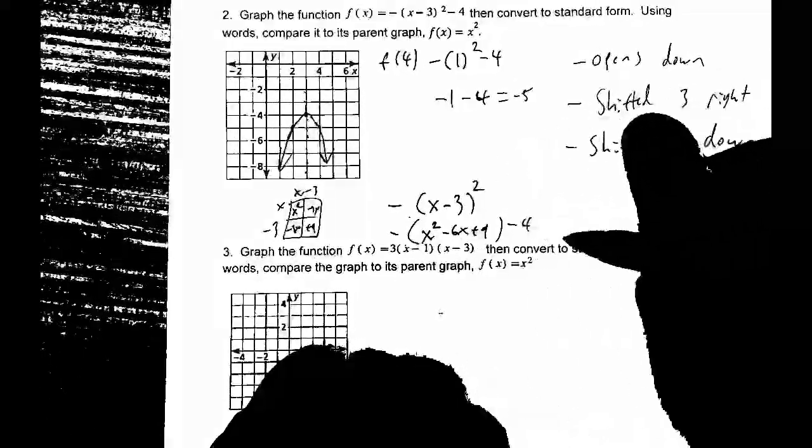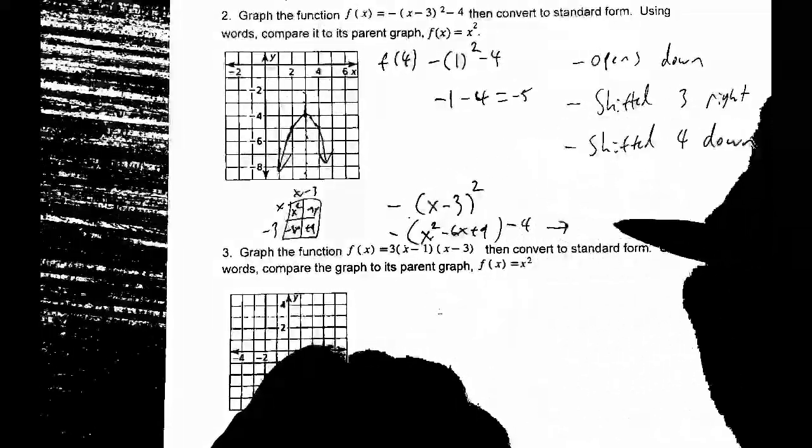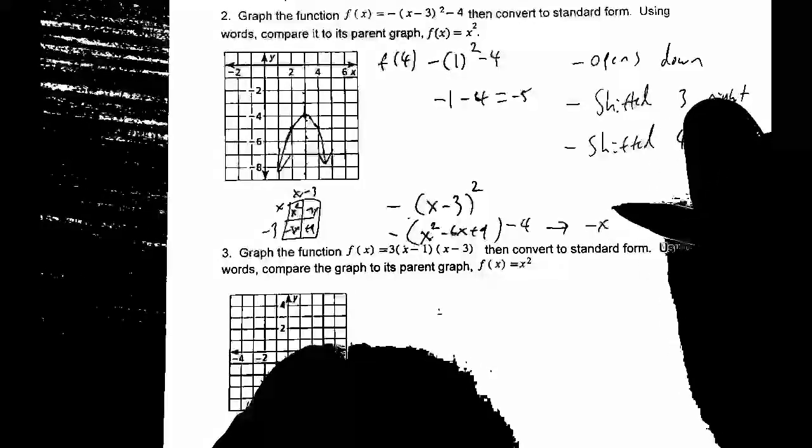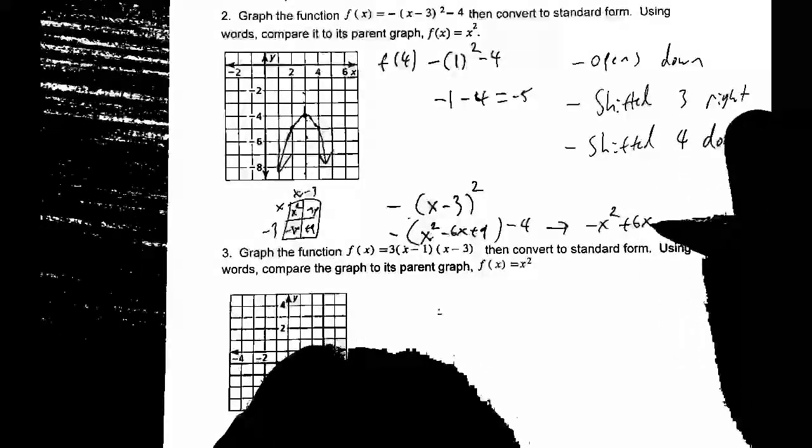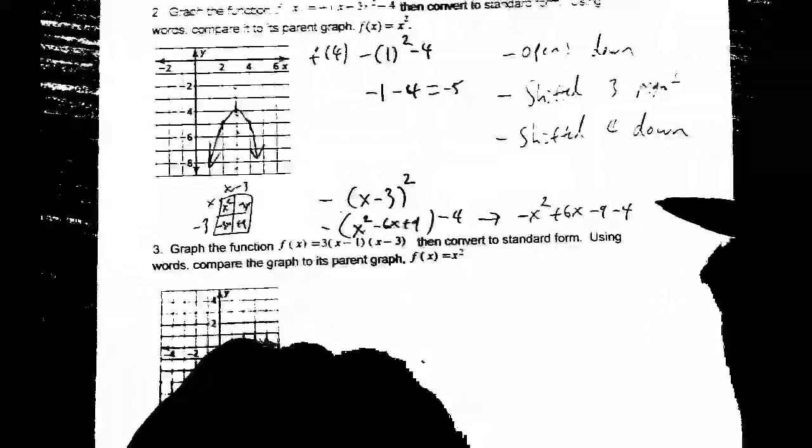So when we simplify, we distribute that negative through. We get negative x squared plus 6x minus 9 minus 4, which becomes negative x squared plus 6x minus 13. And that's your answer.